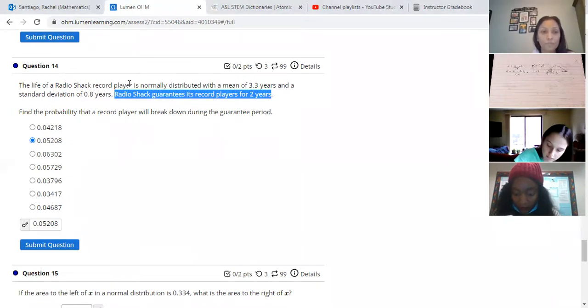And then here, when it says it's guaranteeing its record player for 2 years, it's the same unit as your mean and your standard deviation. So this is going to be your X value, right? Your z-score is a standardized score. So it takes your raw data value and assigns to it a z-score, which is what helps us to interpret what's going on.